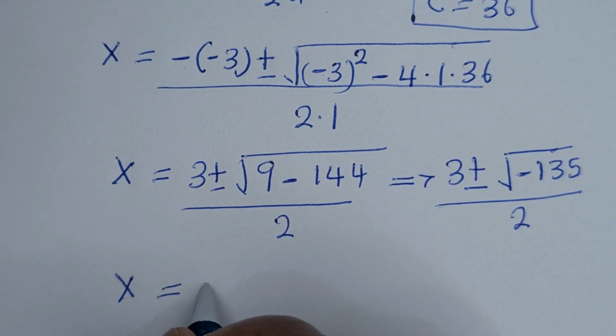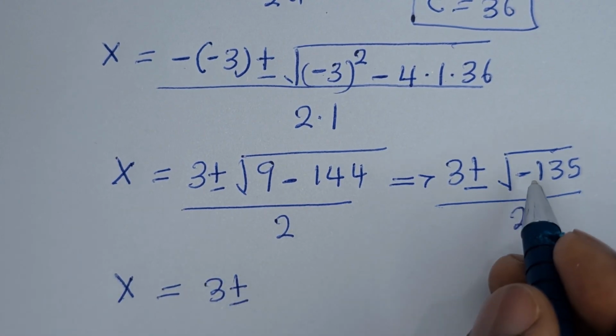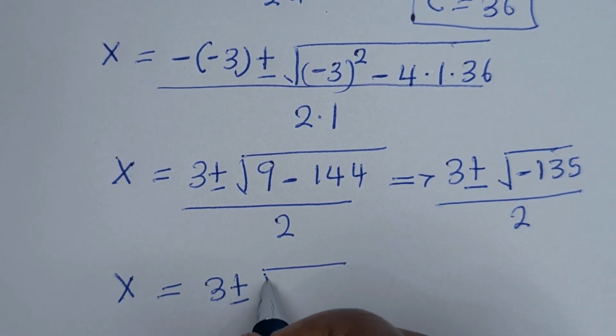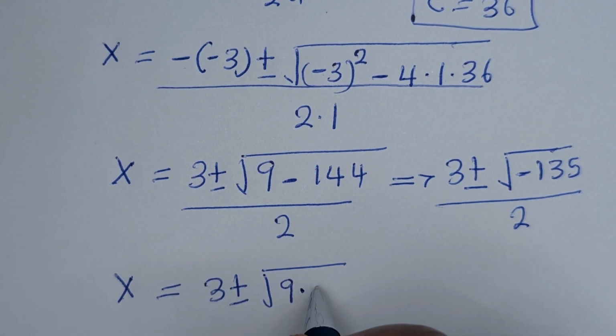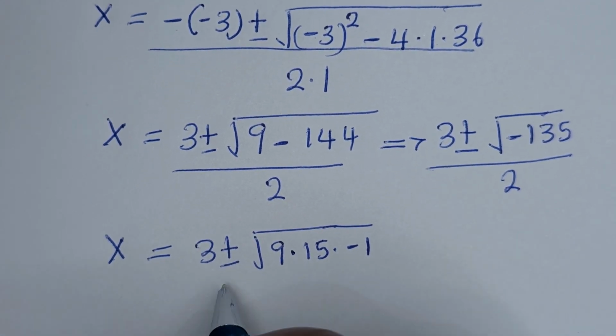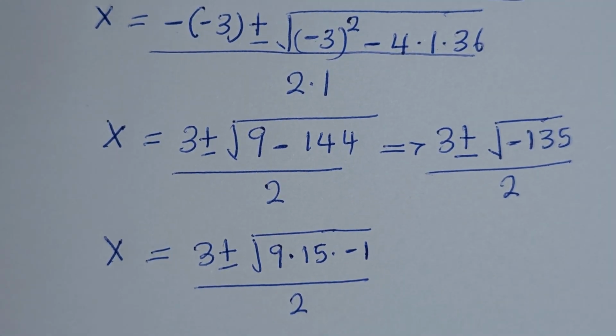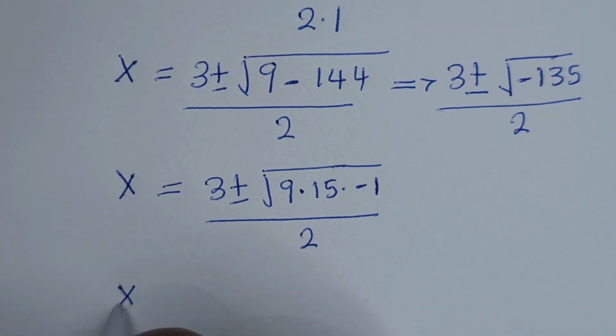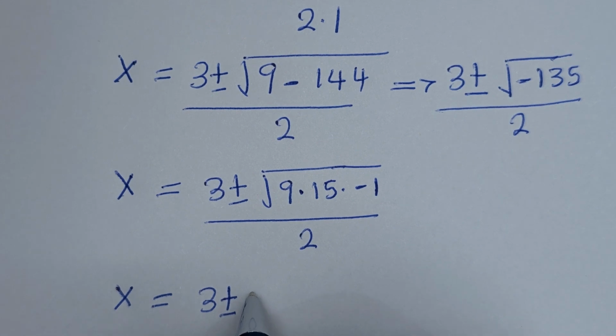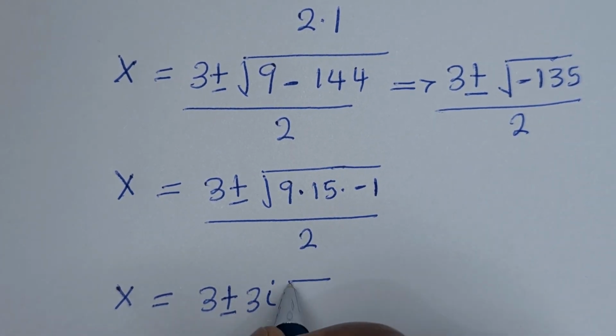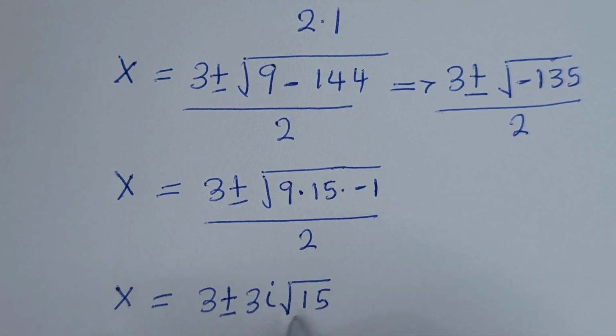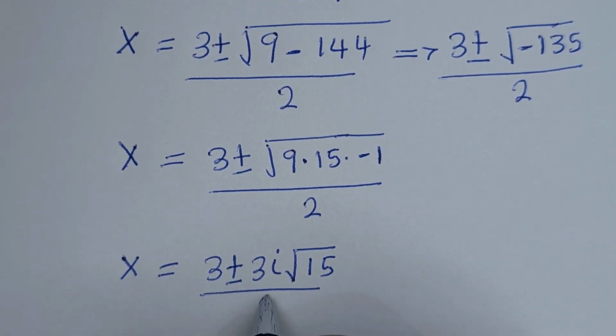x is equal to 3 plus or minus square root of minus 135, which can be written as square root of 9 multiplied by 15 multiplied by -1, over 2. x is equal to 3 plus or minus square root of 9 is 3, square root of -1 is i, multiplied by square root of 15, over 2.